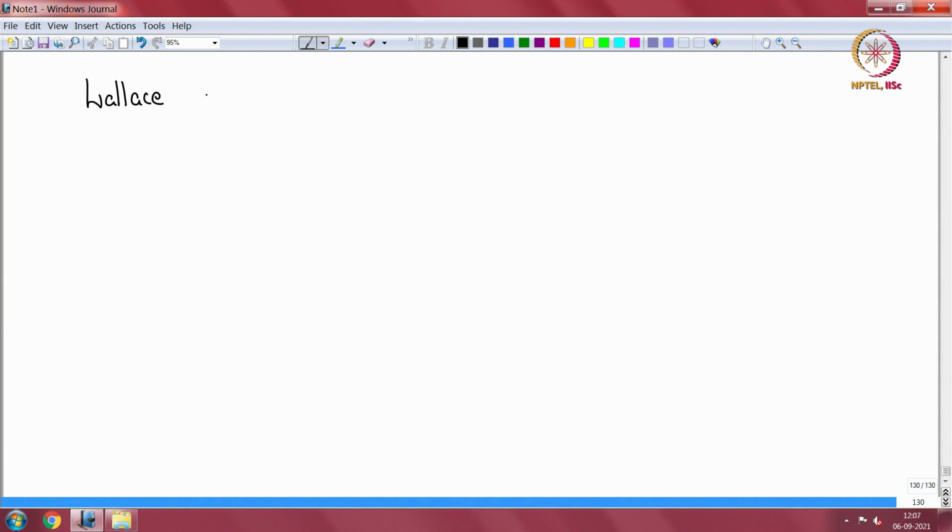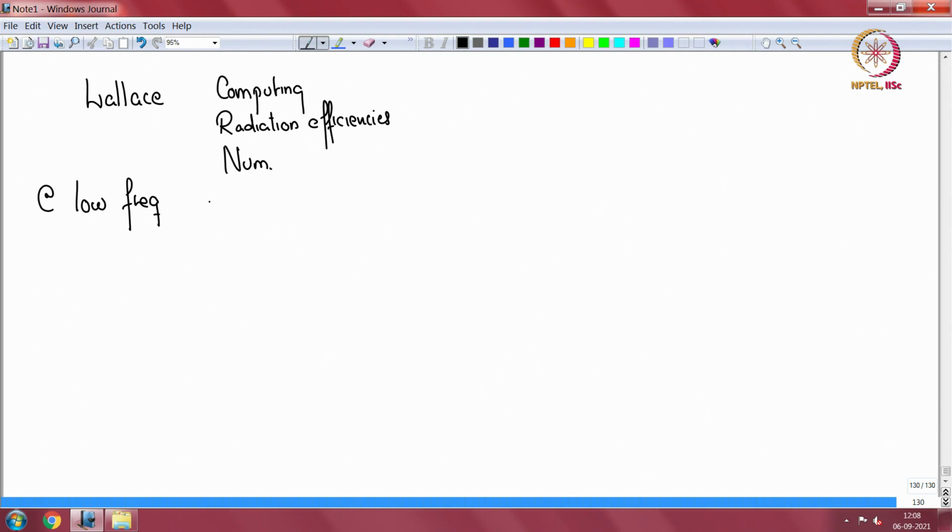So Wallace, in addition to computing radiation efficiencies numerically, provides at very low frequency analytical expressions for radiation efficiency for various types of P and Q values.